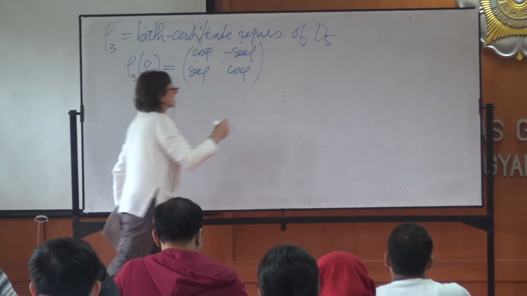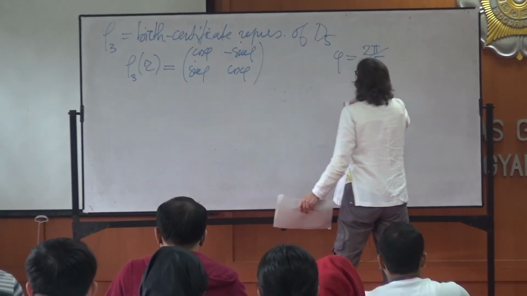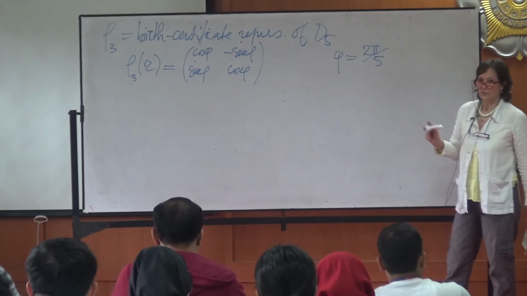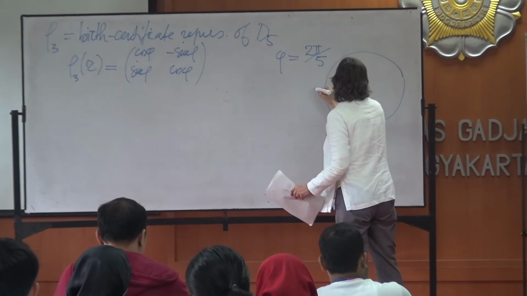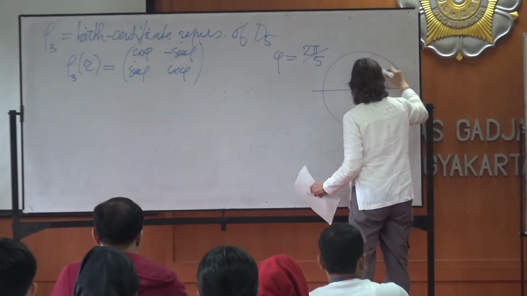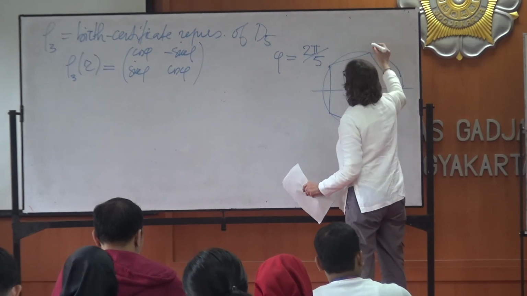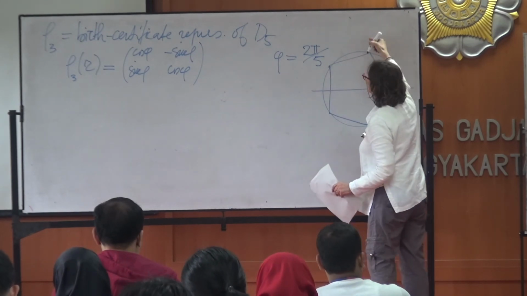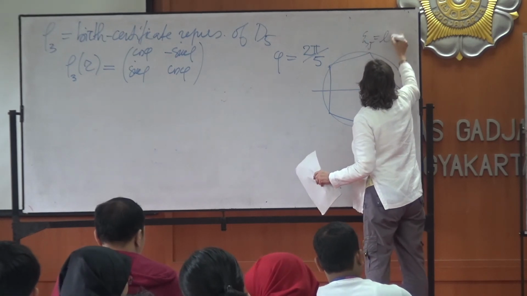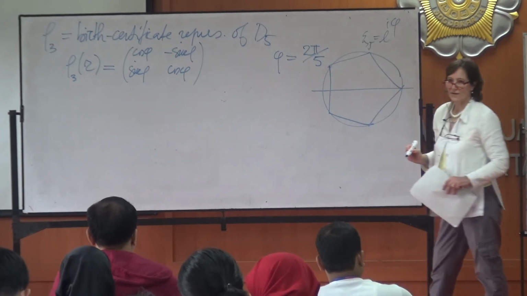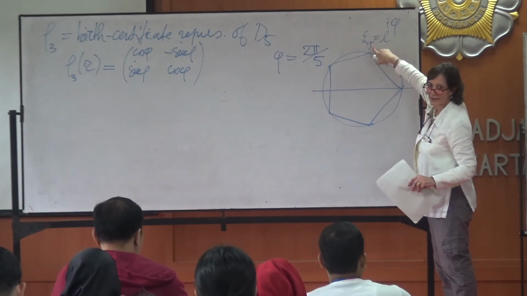So this phi is 2 pi over 5. We have the regular pentagon, so e to the i phi sits here. This is a primitive fifth root of 1.